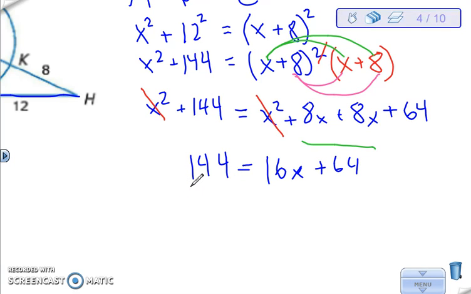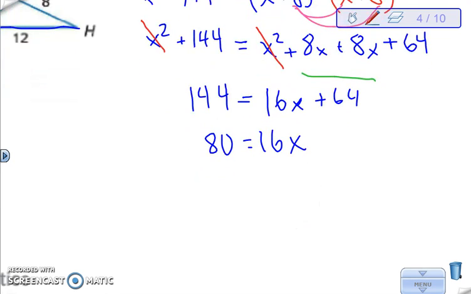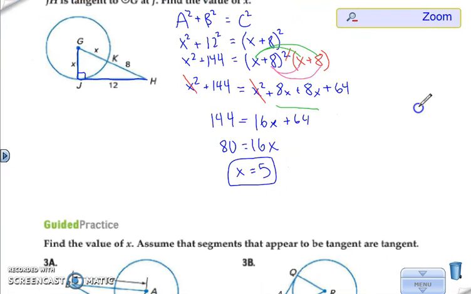And now we can solve the equation for x. And there we go.